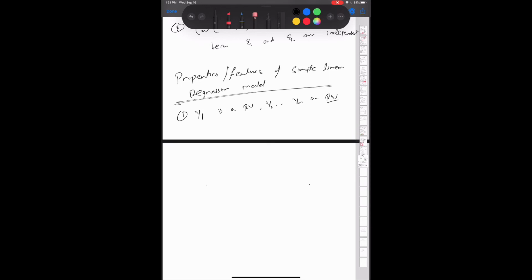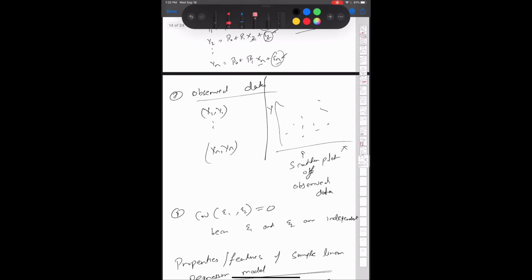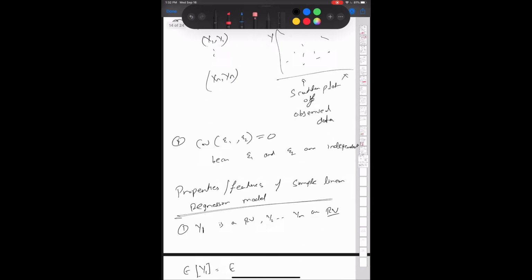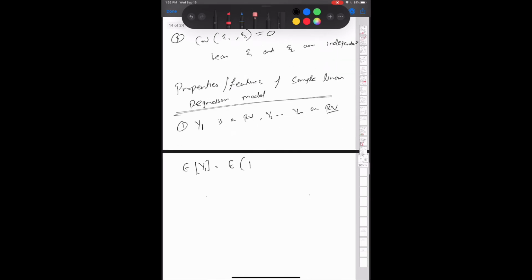Random variables have expectations, means, and distributions. So let's compute that. What is the expectation of y1? Remember, y1 is beta 0 plus beta 1 x1 plus epsilon 1. What's random and what's fixed in this equation?